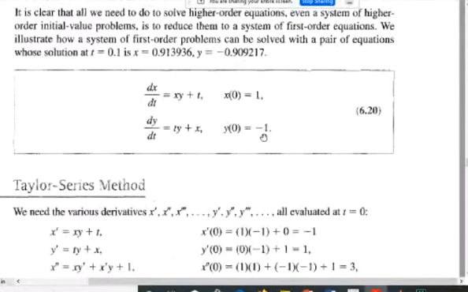The first approach to solve this system of equations in a numerical fashion is to use a Taylor series method, or Taylor expansion.